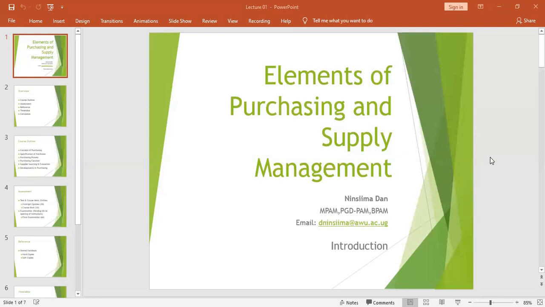Let us look at the actual components of specification. What is contained in the specification? Already I've said the specification is a detailed description of the goods and services required, and it forms part of an invitation to supply or invitation for expression of interest document.